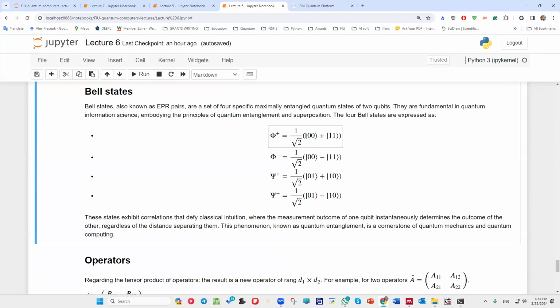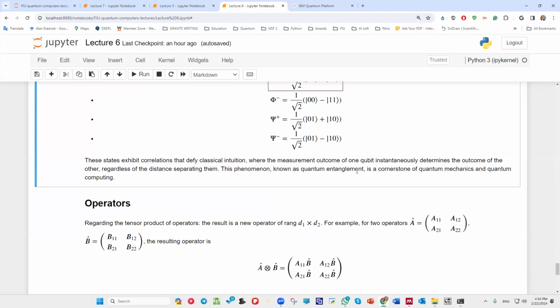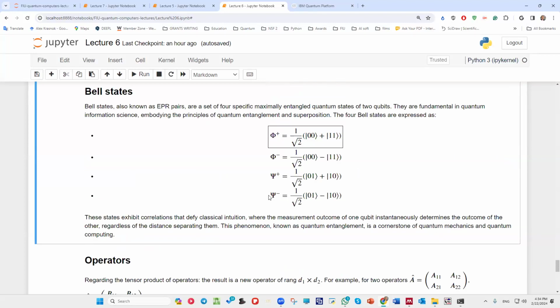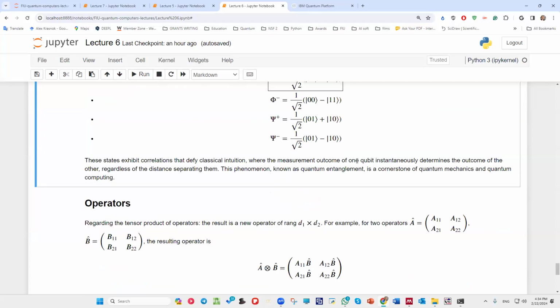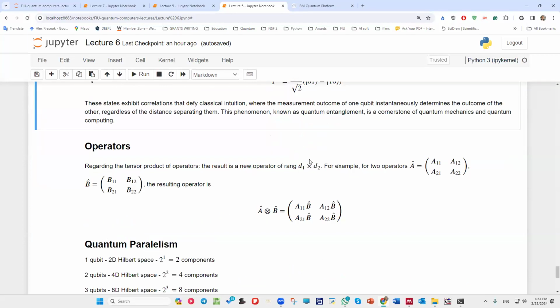You can check that you cannot write these expressions as the product of two states of two systems. Bell states, we're going to use them quite intensively in this course.